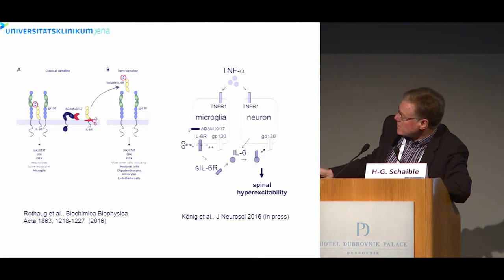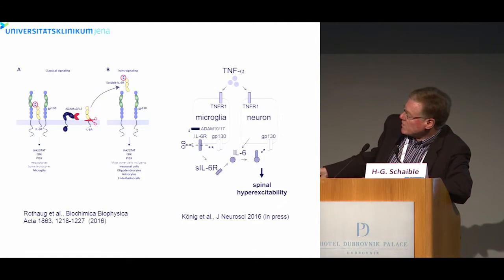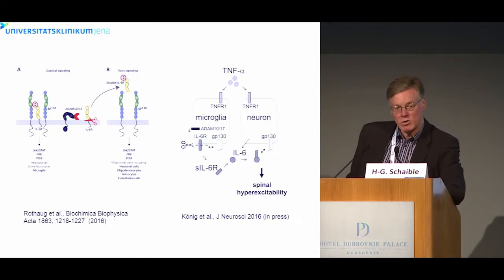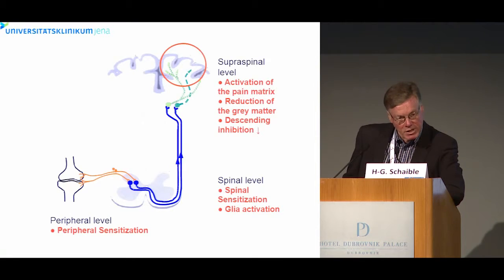They release the IL-6, and it activates the microglia cell, and this releases the soluble receptor. Both of these elements are important to activate the neurons. So I think the conclusion is that the cytokines in the spinal cord are very important, as well as the peripheral cytokines.